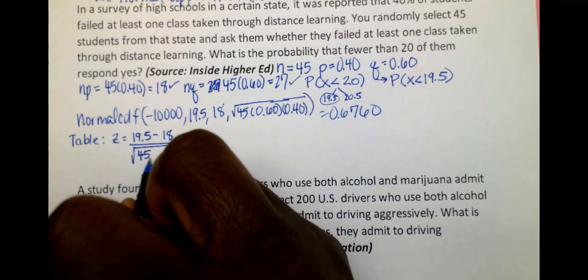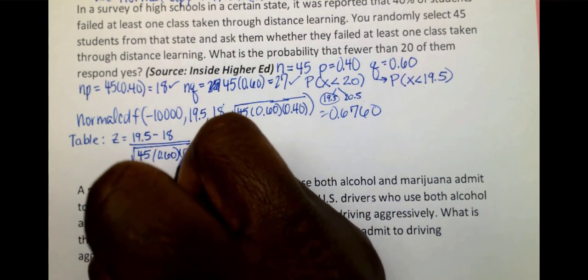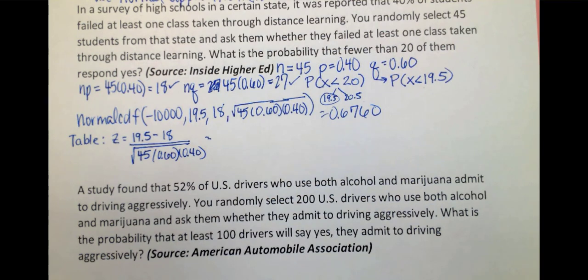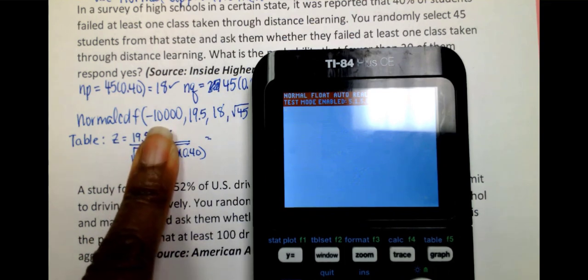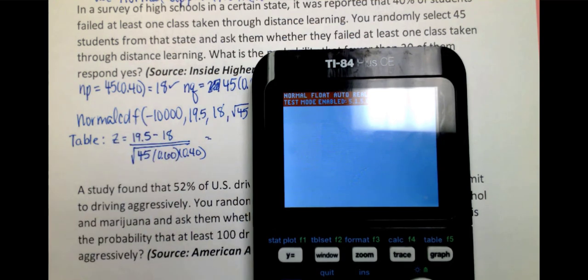So 45 times 0.60 times 0.40. We're going to get that Z. We're going to use it as is because we have a left problem.